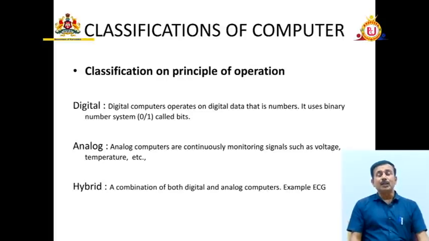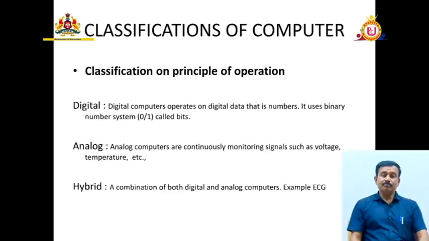Sometimes we need both the formats, that is digital form as well as analog form. So in such cases, we'll prefer a computer called hybrid type of computers. In hybrid type of computers, it processes both digital as well as analog forms.